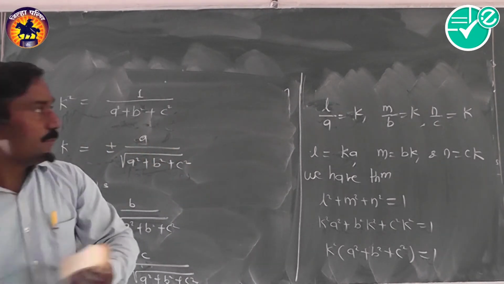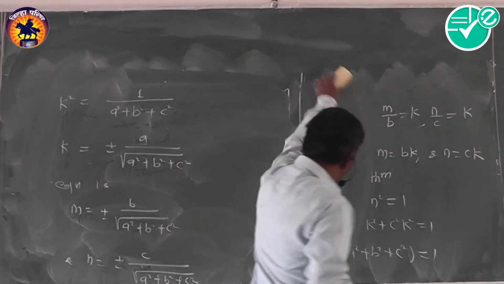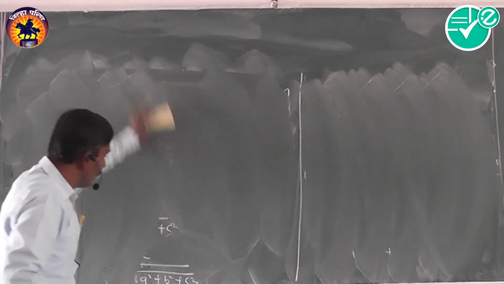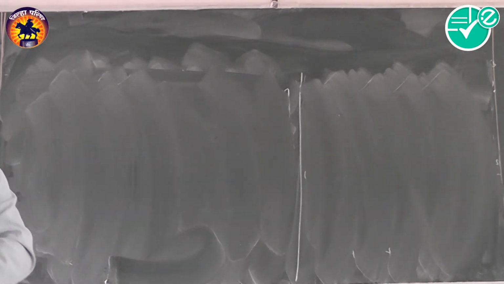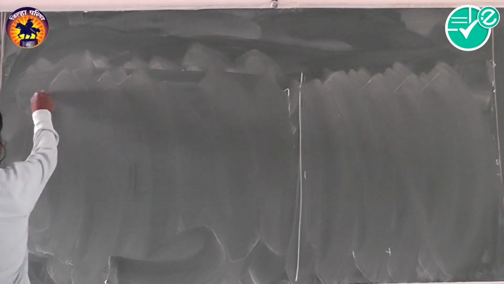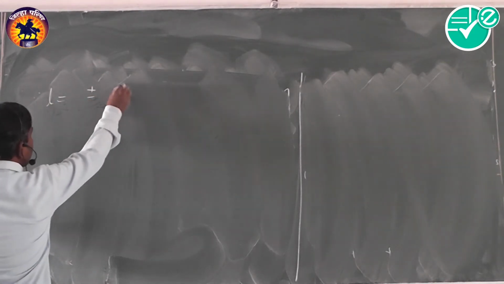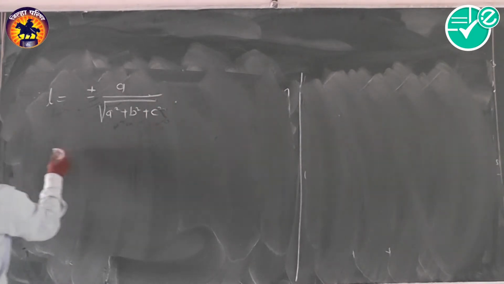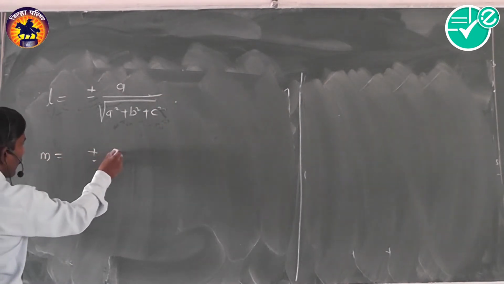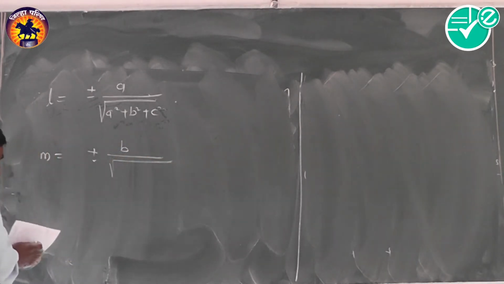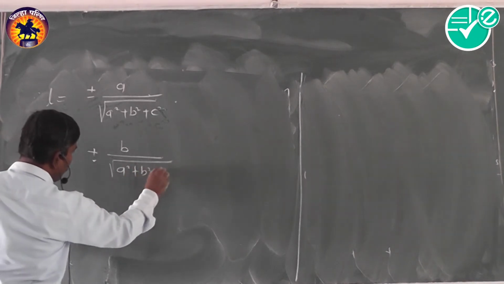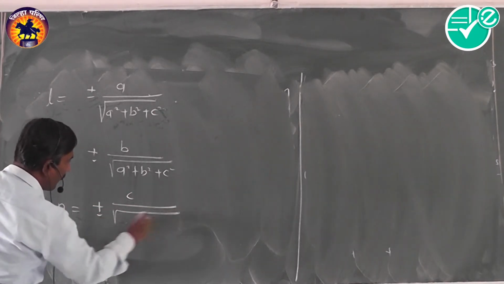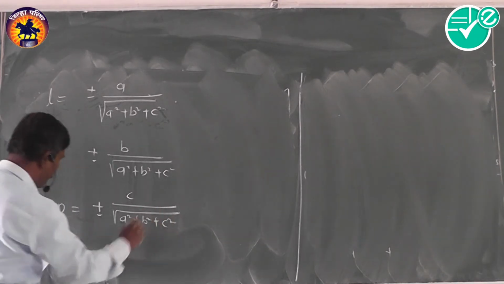Let us rewrite it again. l is equal to plus or minus a under root a square plus b square plus c square, m is equal to plus or minus b under root a square plus b square plus c square, and n is equal to plus or minus c under root a square plus b square plus c square.